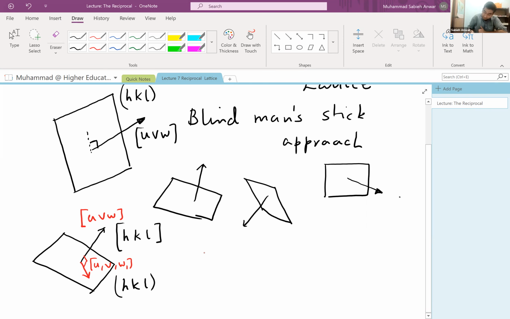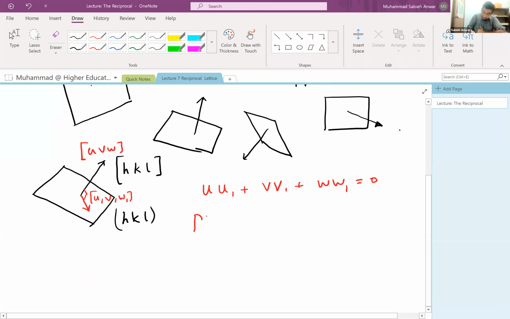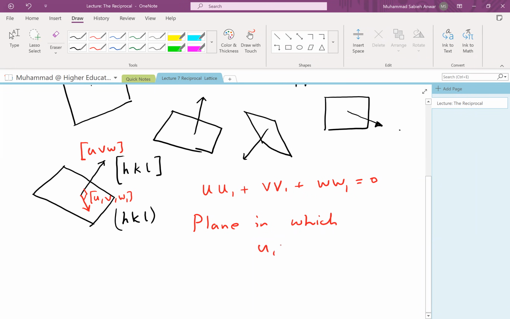The two vectors will of course be normal when the dot product of these two directional vectors is going to be 0. So if u times u1 plus v times v1 plus w times w1 is 0, I would know that the two directions are normal to one another. The next step is to find the plane in which u1, v1, w1 lies. And we've already seen that in our previous class.